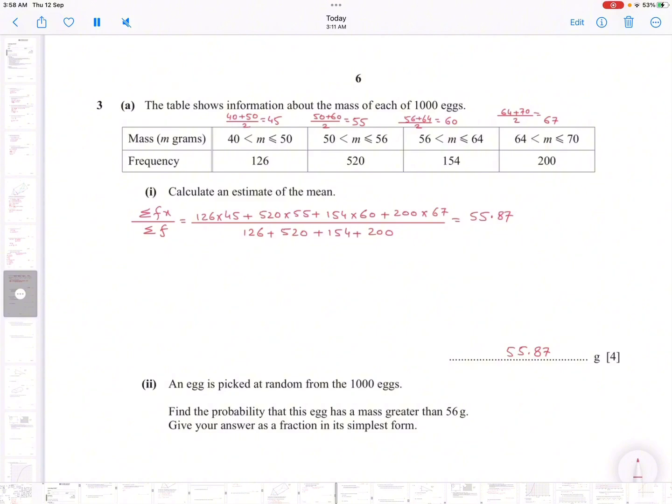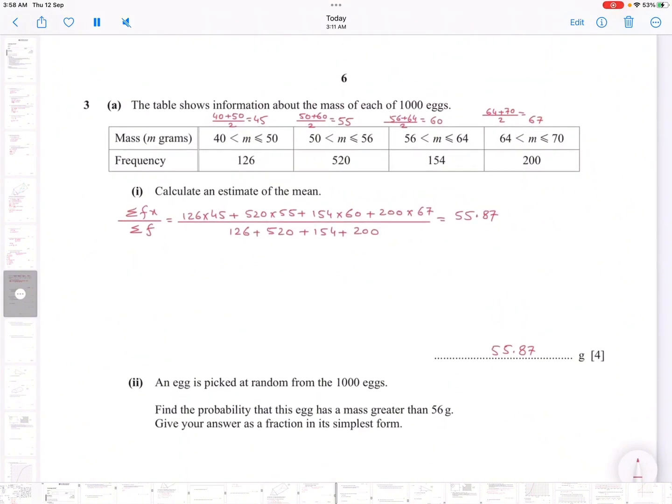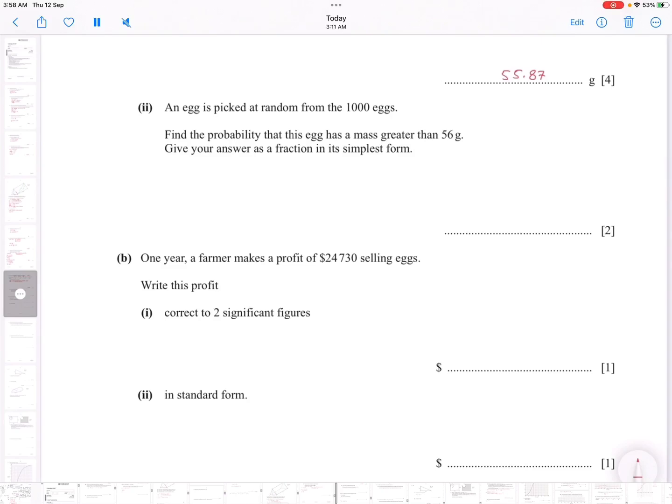You add them, and then you have to find their probability and simplify. This is 354, so 354 over 1000. If you simplify this, you will get 177 over 500.